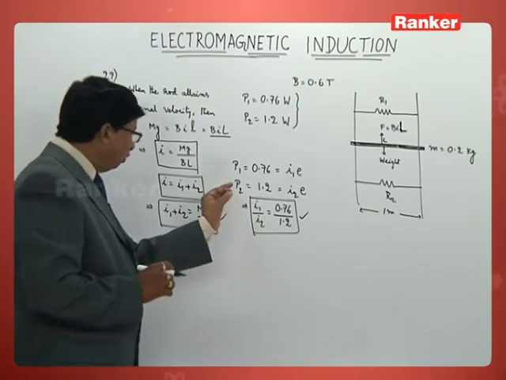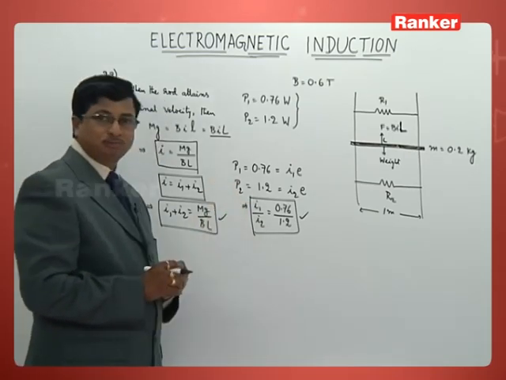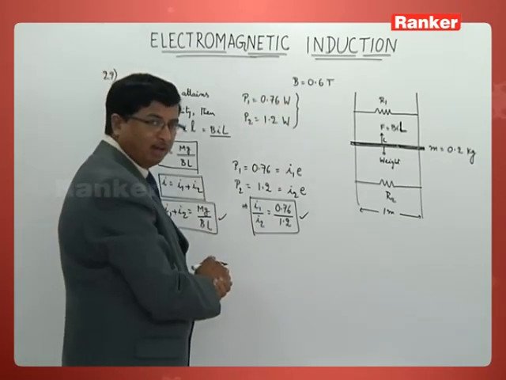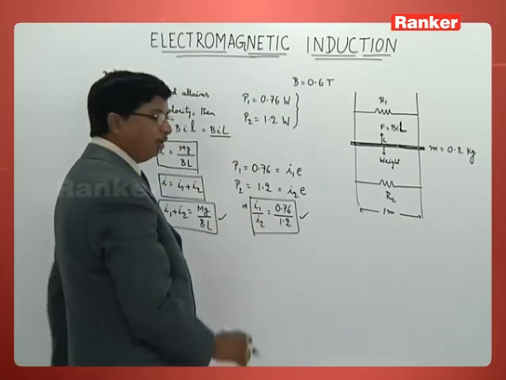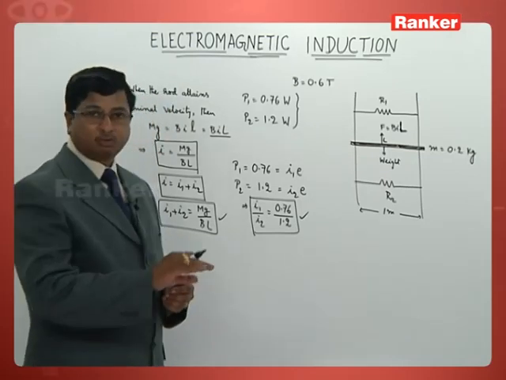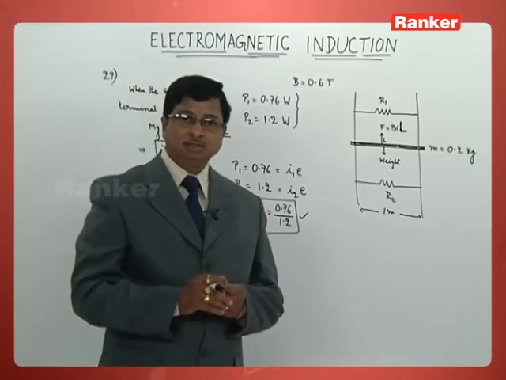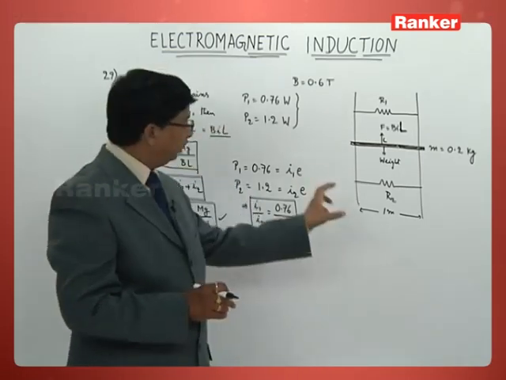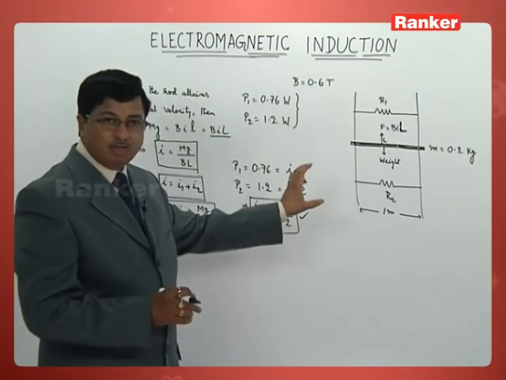The moment you know I1 and I2, can't you estimate the resistance values there? How come? You can write that power 1 is equal to I square R. Calculate R1, calculate R2 from that. Directly you will be getting two resistance values over there.